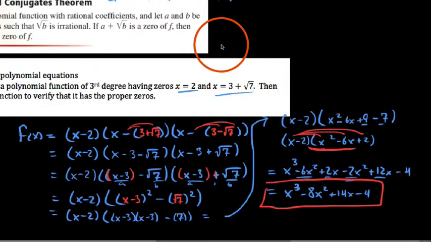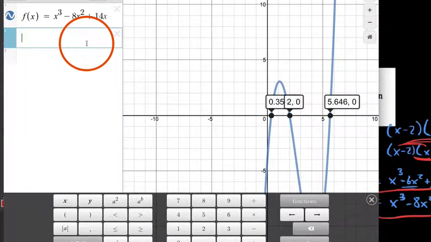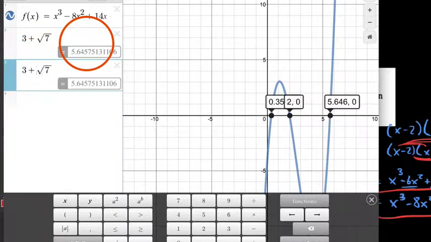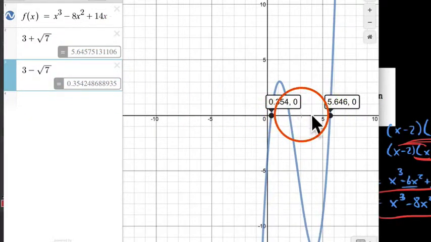So now 2 was one of our zeros that we wanted here. And then we have 3 plus the square root of 7 and 3 minus the square root of 7. So taking a look at that, we can actually put that into this calculator. 3 plus the square root of 7. And I'm going to be lazy here. Control All, copy, paste, and we'll go back and make this a minus. But you can see that these two zeros here are certainly the zeros that are represented on our graph.